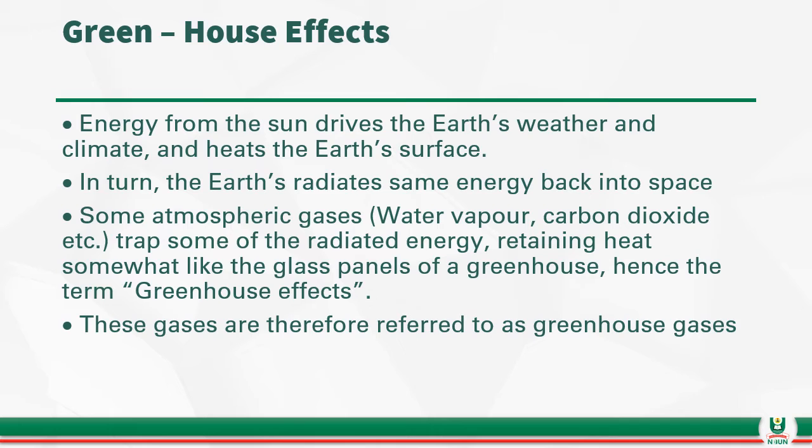In turn, Earth radiates the same energy back into space. Some atmospheric gases, like water vapor and carbon dioxide, trap some of the radiated energy, retaining heat, somewhat like the glass panels of a greenhouse. This is called the greenhouse effect.